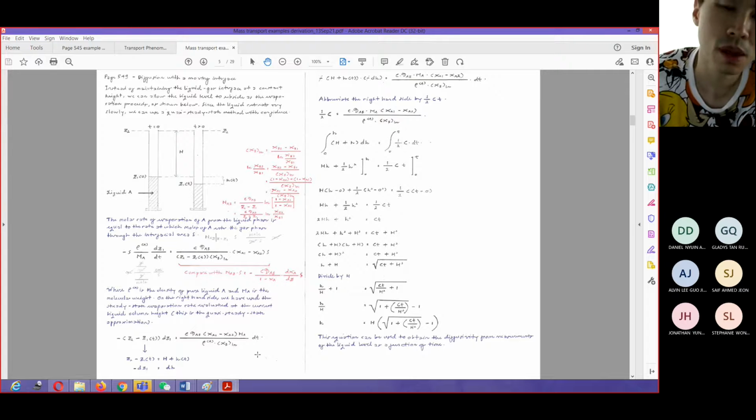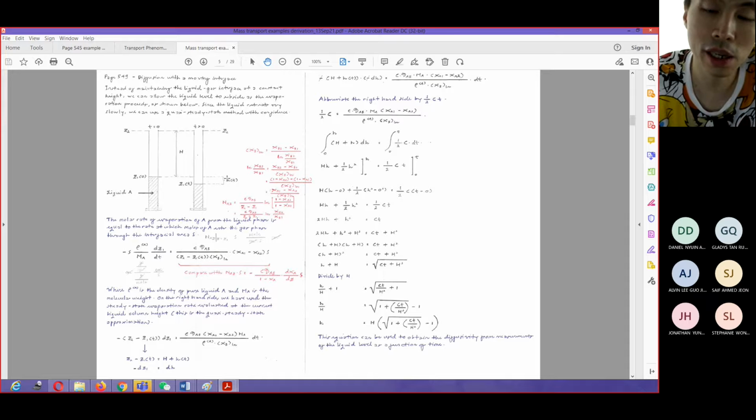Now, by looking at this particular diagram, we know that Z2 minus Z1 will be equal to H plus H as a function of T. Note that this capital H is a constant, because it is the initial distance between Z2 and Z1 at time equals 0.